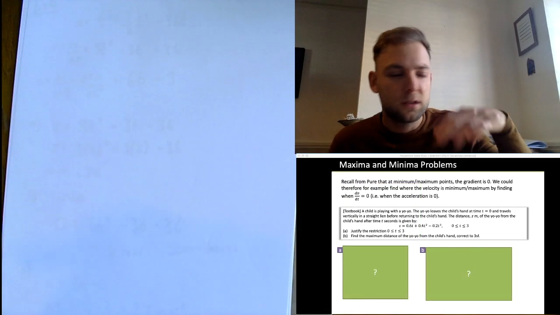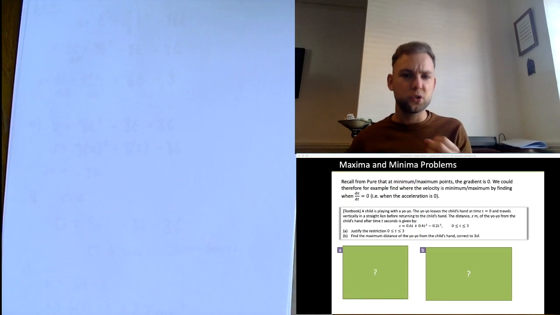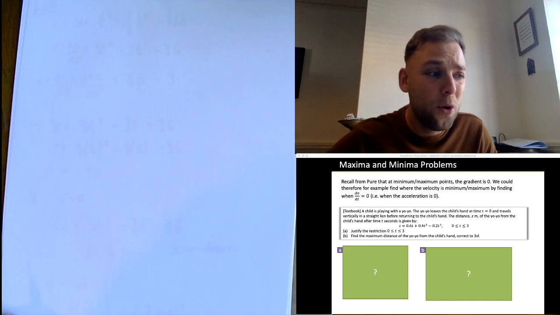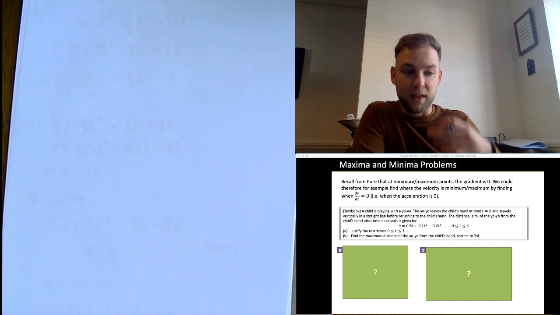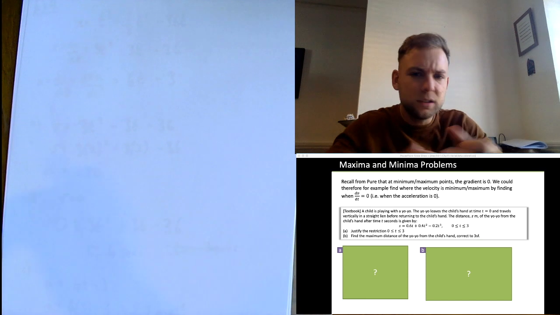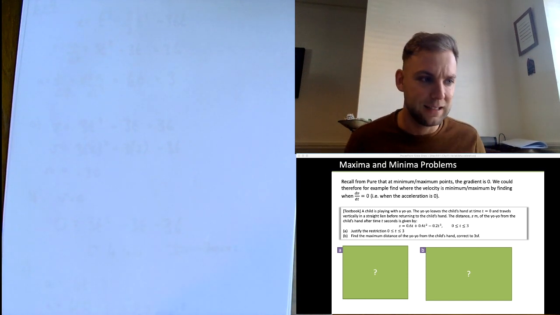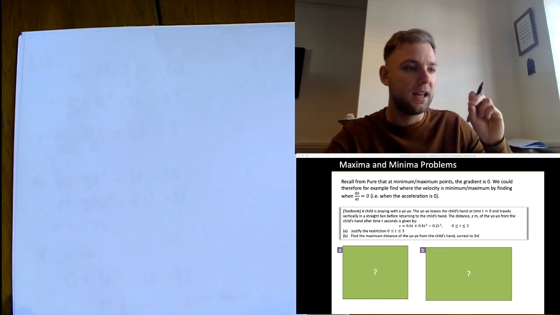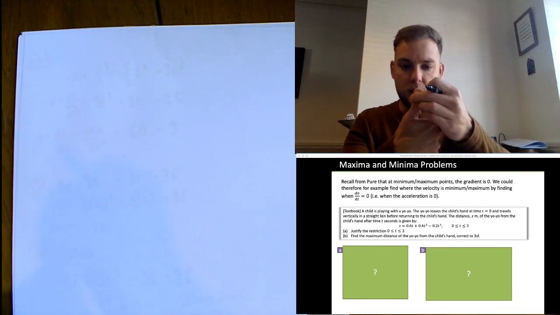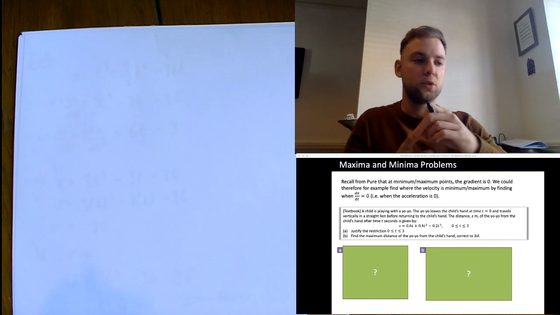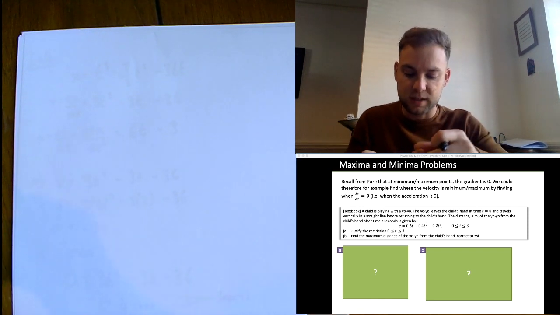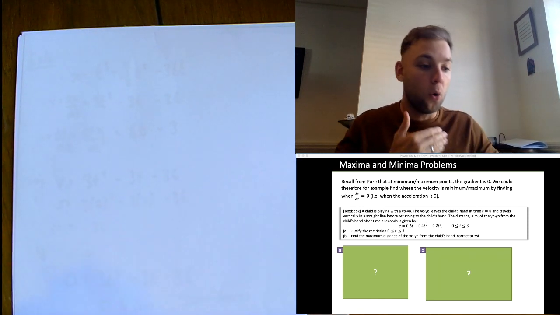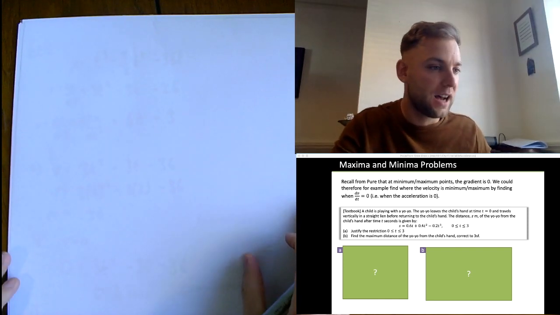The first part of this is saying to justify these restrictions. The only way you can really do that is by thinking about the graph. What does this graph look like? Does it make sense? First of all, we're talking about displacement, velocity, and acceleration, all in terms of time.